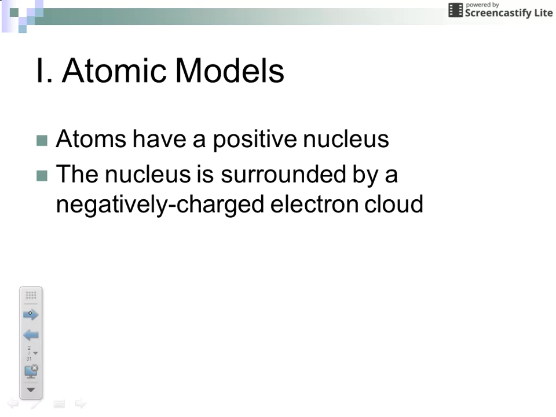So we know atoms have a positive nucleus. We also learned that the atom has the electron cloud around, or outside, the nucleus. And the electron cloud contains only electrons, so we know that the electron cloud itself is negatively charged.